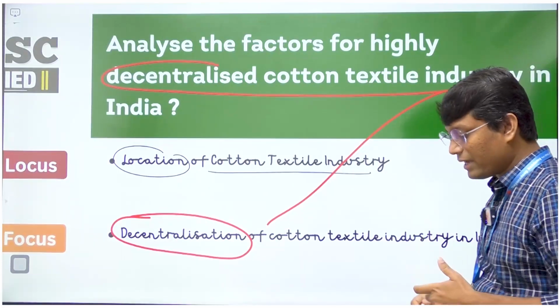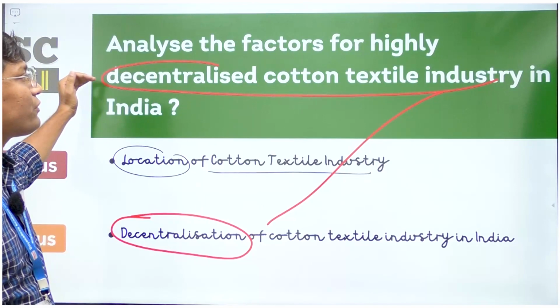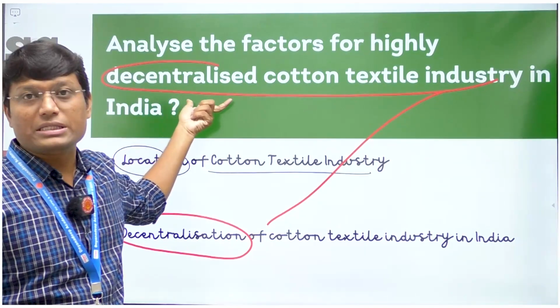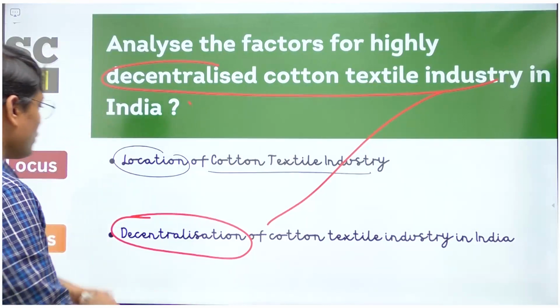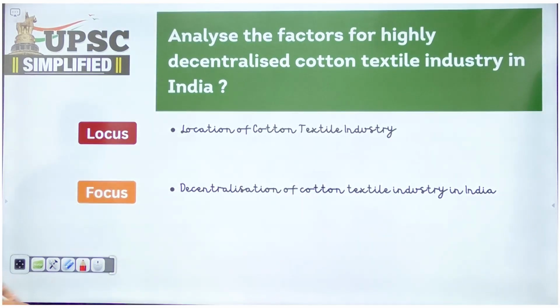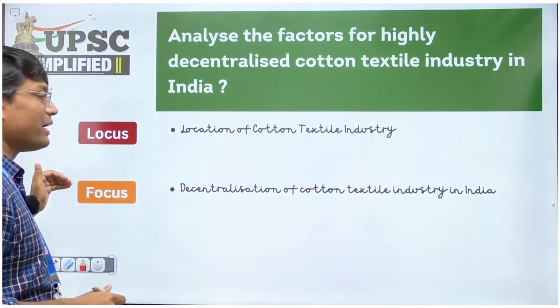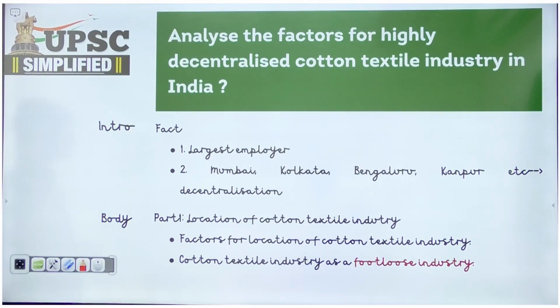Now we are supposed to identify what factors have contributed to this decentralization of cotton textile industry, right? So we have already set a framework on what we are supposed to write in this question. We have identified a locus, we have identified a focus. Now we will move on to the question directly.